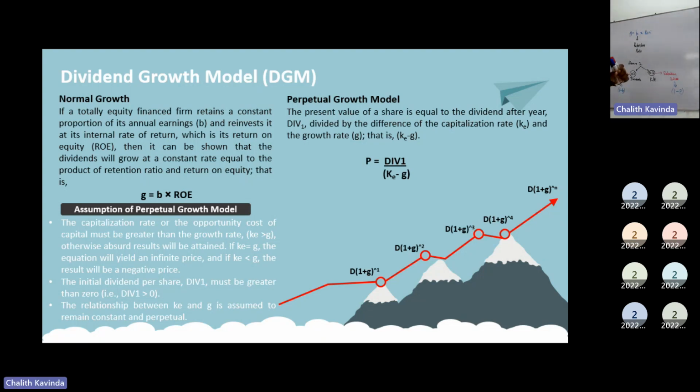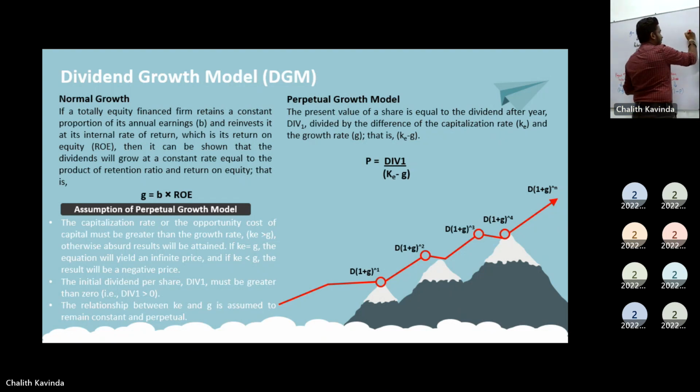Now, when we are using this particular formula, we are using several assumptions. Some assumptions are very practical and very open. Here you could see the first assumptions of the perpetual growth model. Let's understand these assumptions with calculations, otherwise there's no point.